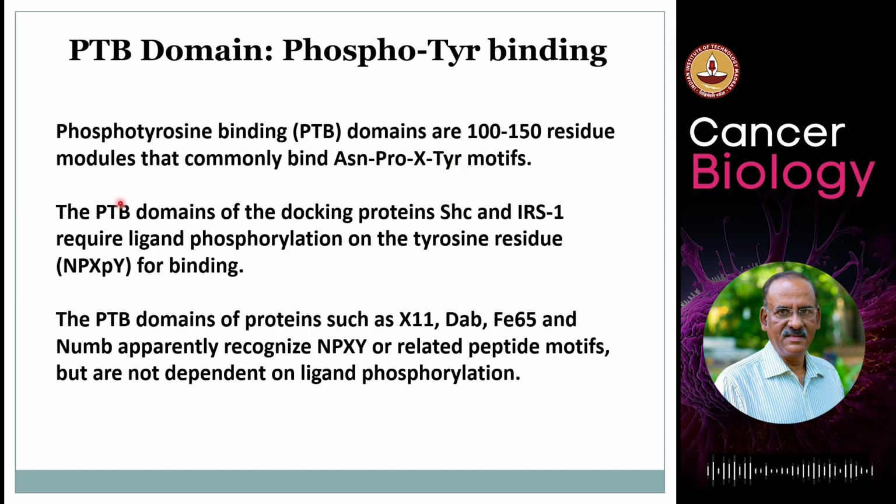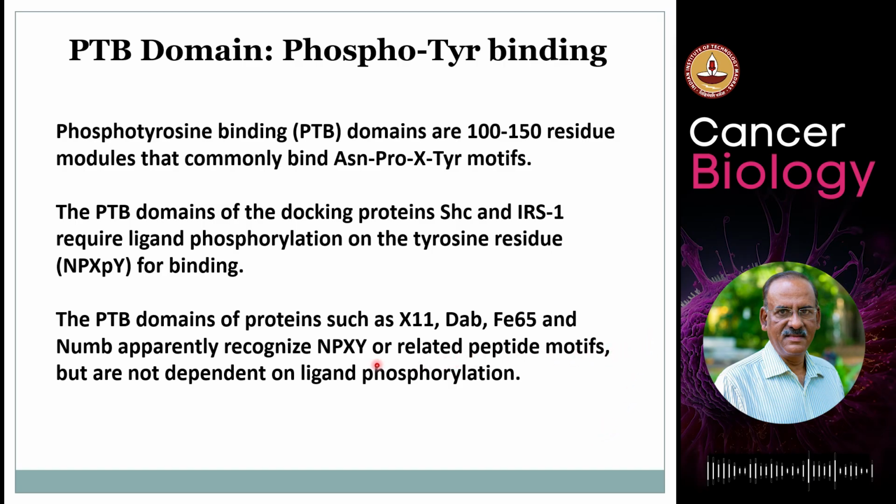Remember that. The phosphotyrosine binding domain of the docking proteins, other docking proteins include SHC and IRS, insulin receptor substrate 1, require ligand phosphorylation on the tyrosine residue for binding. So these residues require a phosphorylated tyrosine residue.